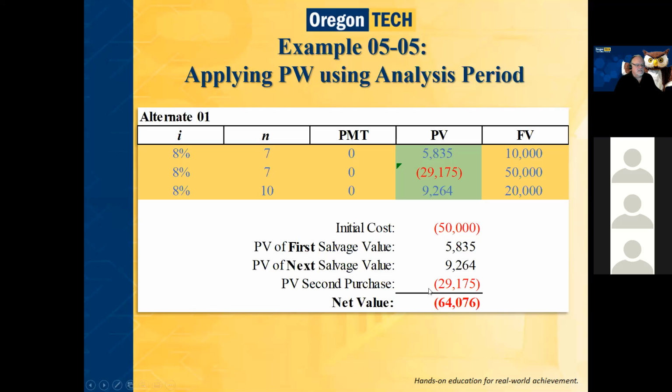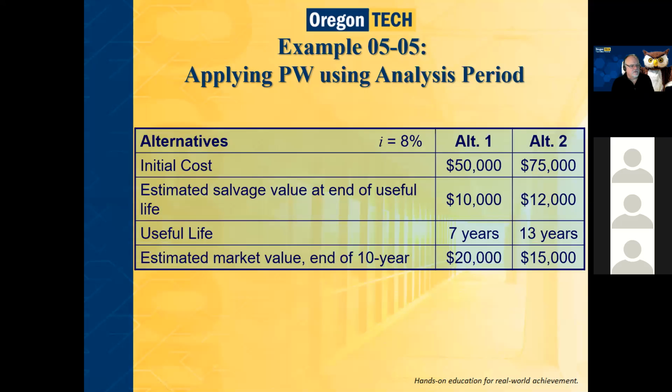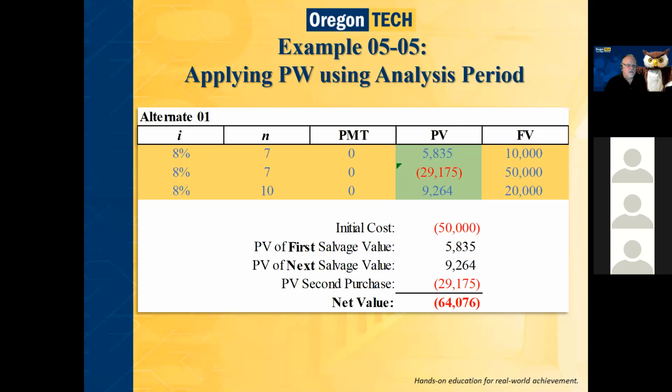You have this $29,000, the second machine you're going to have to buy because you're studying, as stated up here, over a 10-year period. You don't have a 10-year period. You have a 7-year machine. To make it last 10 years, at the end of 7 years, you have to buy a new one, because you want to have a 10-year period.